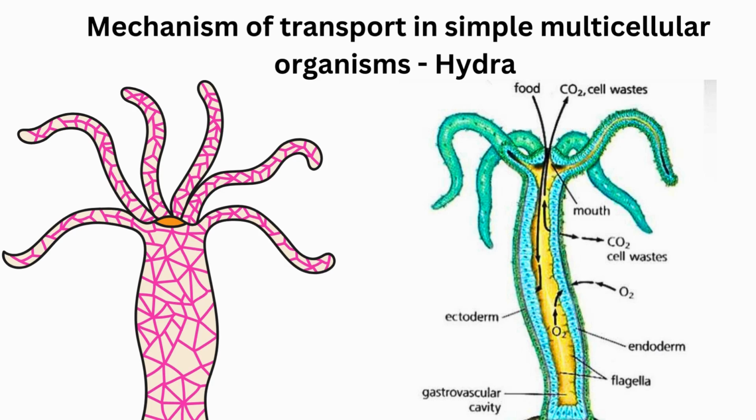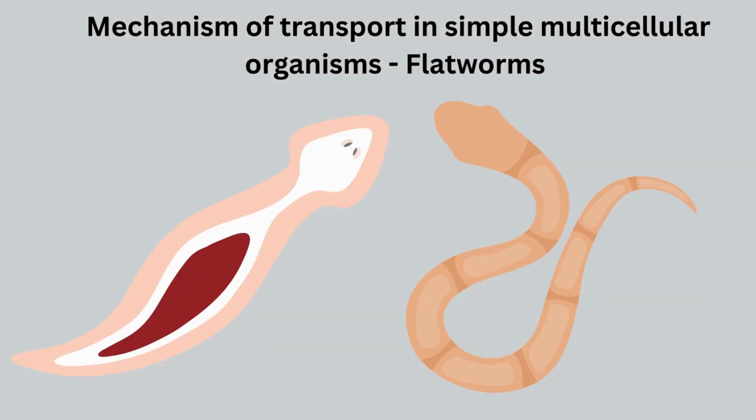Now let's look at the mechanism of transport in flatworm. Flatworm, like tapeworm, has a thin and flat body so that the surface area to volume ratio is large. In addition, the gut branches extensively throughout the body. These features enable sufficient food and oxygen to diffuse into the cell body.